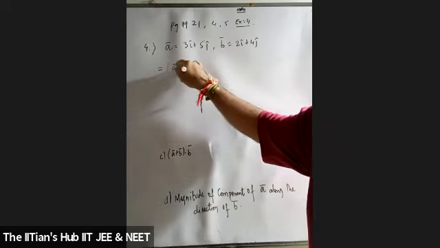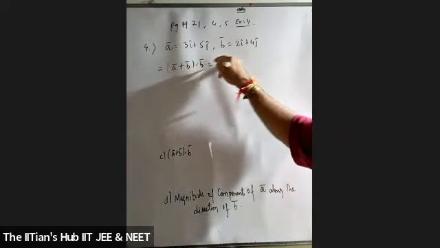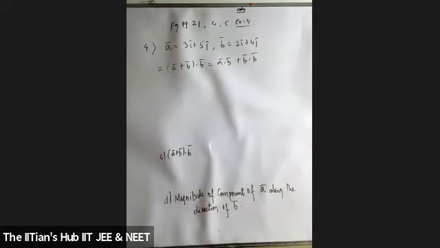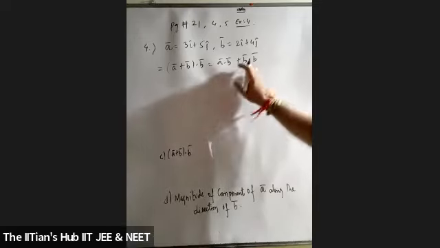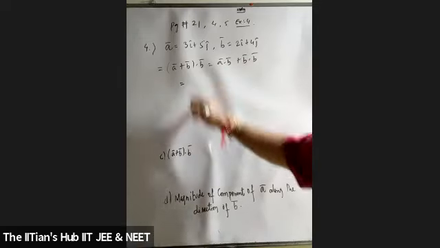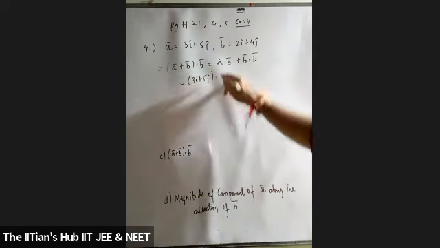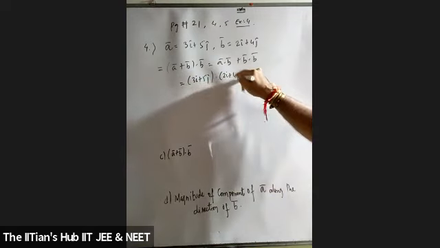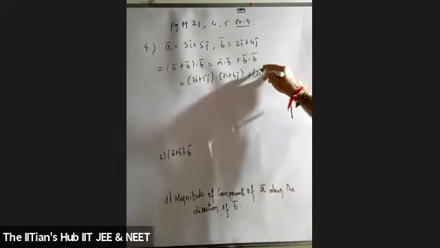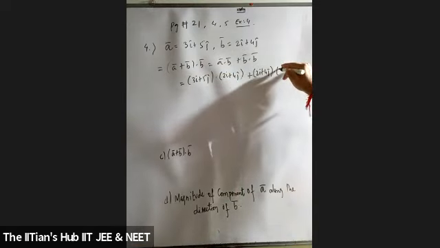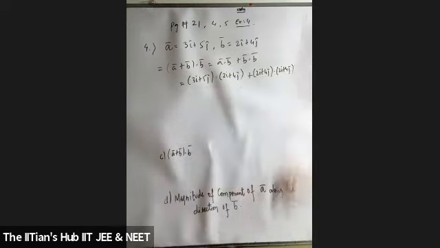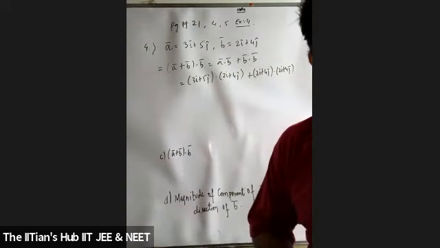It is A plus B dot B. That means it's A dot B plus B dot B. Agreed? Yes, sir. Now when you speak about A dot B, what exactly do we consider? It's 3i plus 5j dot 2i plus 4j, plus B dot B, which I'll consider will be 2i plus 4j dot 2i plus 4j. Is this clear? Yes, sir.